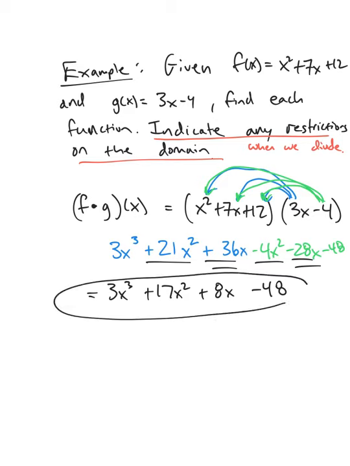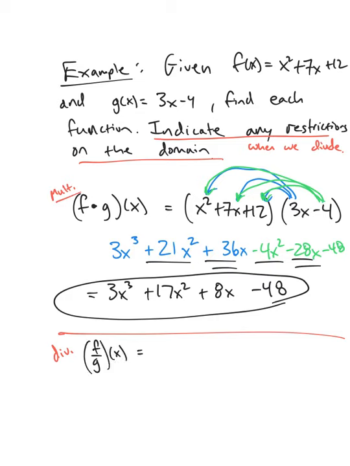So that's what we get when we multiply two functions. So this was our multiplication. Now we're going to do a divide one. Okay? F divided by g of x.